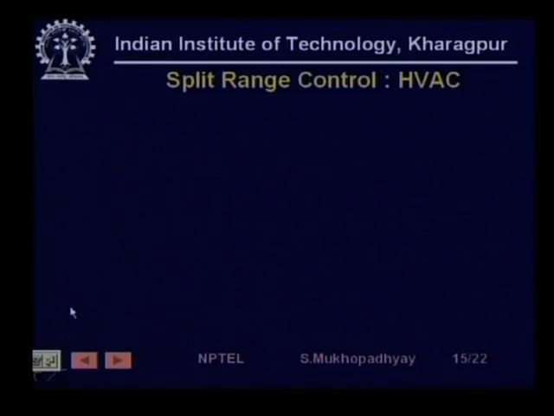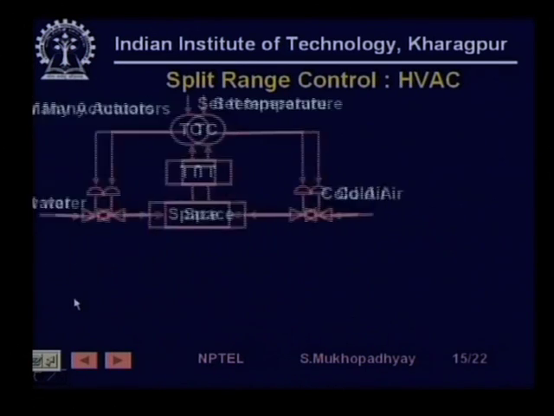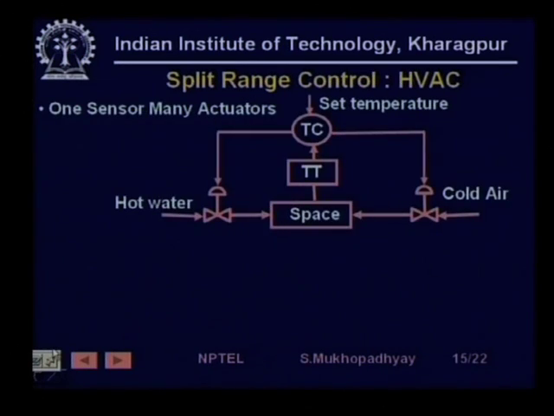Coming back to the next one, the last one, that is split range control. The first example is of heating, ventilation, air conditioning. So, we have the standard setup: this is the space that we want to control, there is a temperature transmitter and a temperature controller, and we also have a set temperature which we generally set using a dial or sometimes using remotes nowadays.